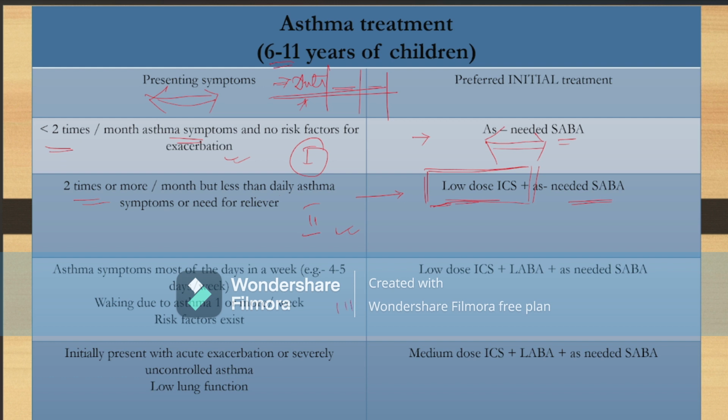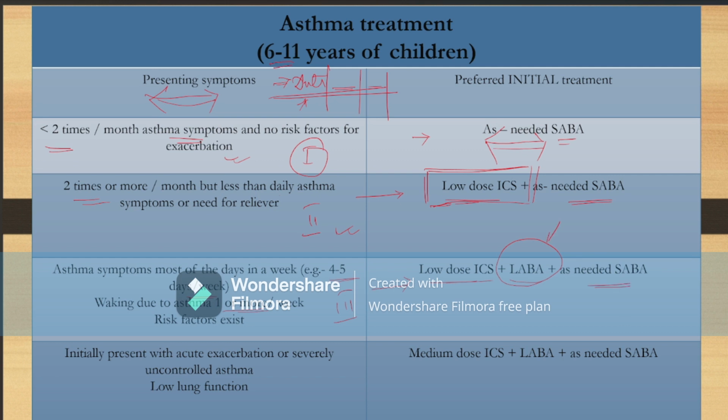In stage 3, if any patient has asthma symptoms 4 to 5 days in a week or the child is awake once or more than once in a week, then we go for low dose of inhaled corticosteroid plus long acting beta agonist and along with this as-need therapy of SABA.